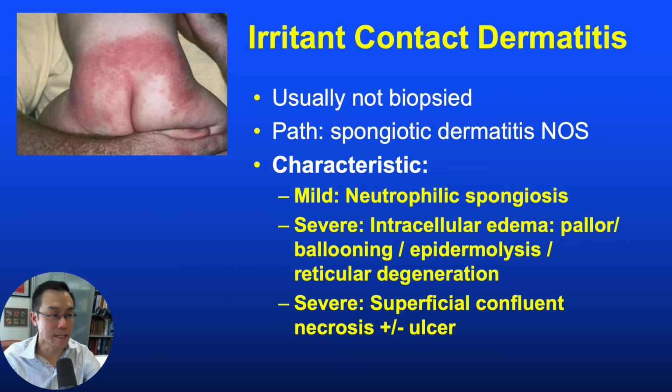So those would include things that are attributable to the external trauma and the associated acute inflammatory reaction, neutrophilic spongiosis, even in mild cases, and in severe cases, intracellular edema with ballooning degeneration of keratinocytes, and in extreme cases, superficial confluent necrosis and ulceration.